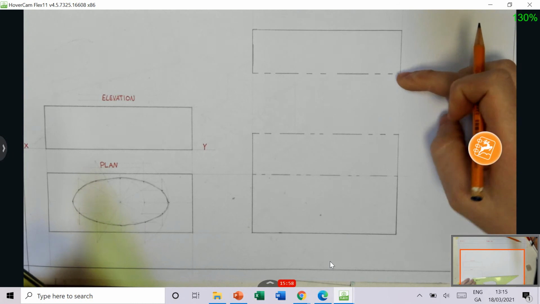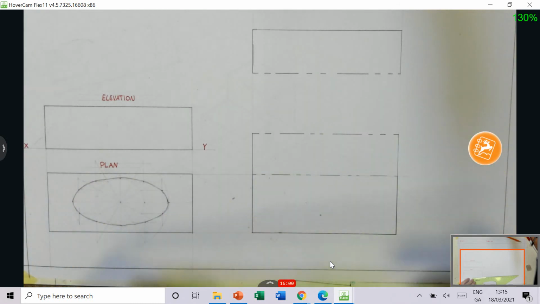Okay, and from here I'm going to measure out 35 mil. So this is going to be an end view.